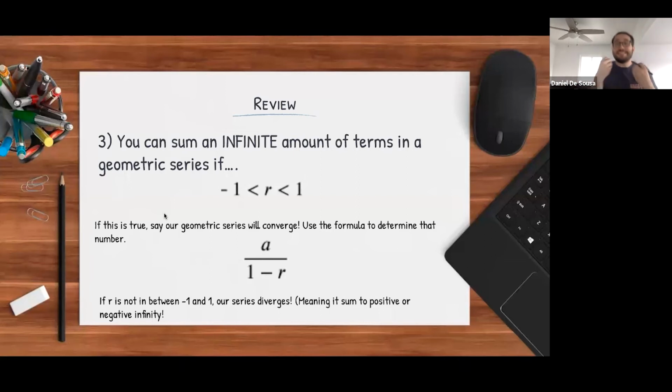All right, so the second thing that we learned for this week was the wild thing about summing an infinite amount of terms in a geometric series. Now, we learned that you can, but kind of. So you can sum an infinite amount of terms in a geometric series if, and only if, your common ratio is in between the numbers -1 and 1. Long story short, when you have a number in between -1 and 1, it restricts how much your series can grow over time.